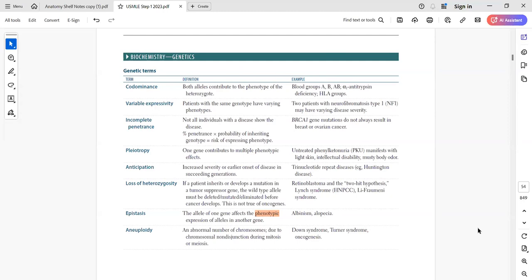Now, both of them have Bell's palsy, but in one patient, the severity is a little lessened compared to the other patient. The side of the face is a little less deviated. There's a little less drooping of the eyelid. There's a little less problem in smiling.